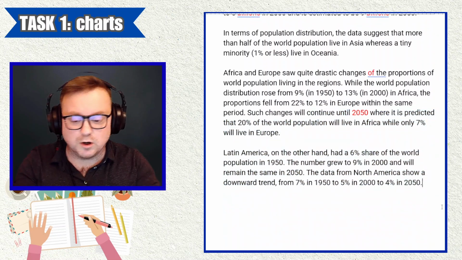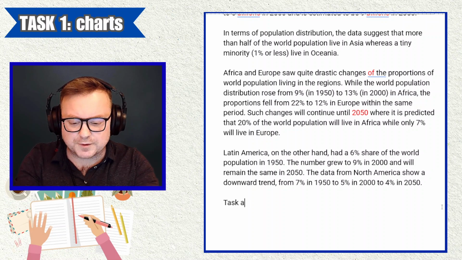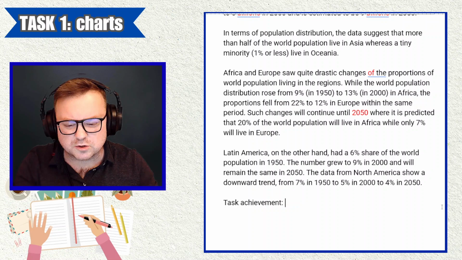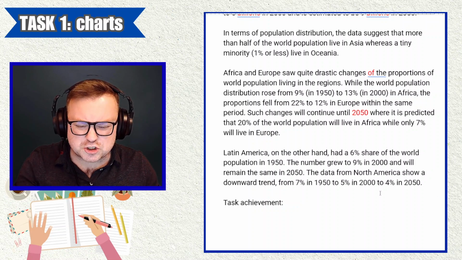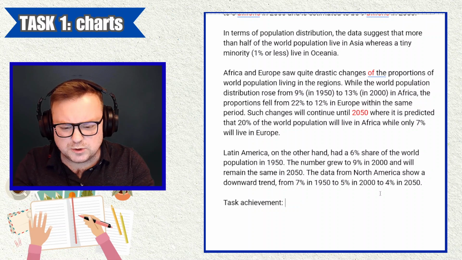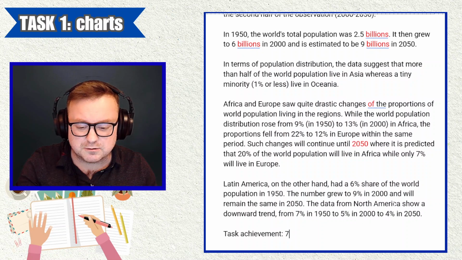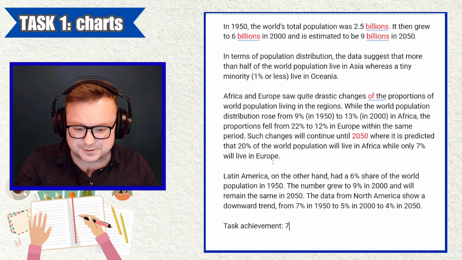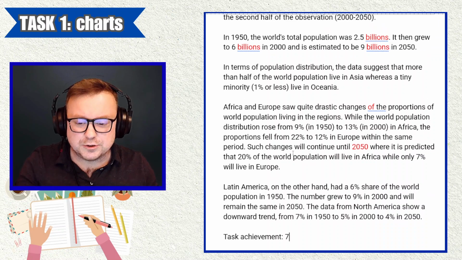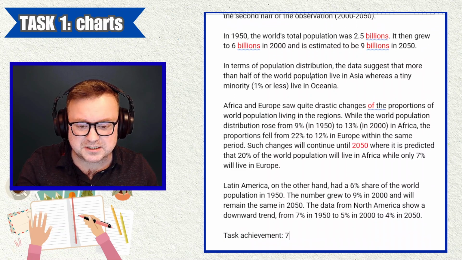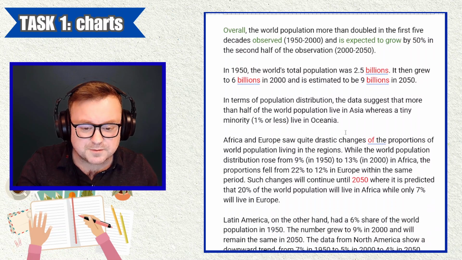But I mean, the writing quality is very good. So task achievement. Because I feel like you've just tried to do too much, I'm only going to award 7. I do think that you've presented the information in language which is very easy to understand. You have developed and you've given statistical data to back all of this up.